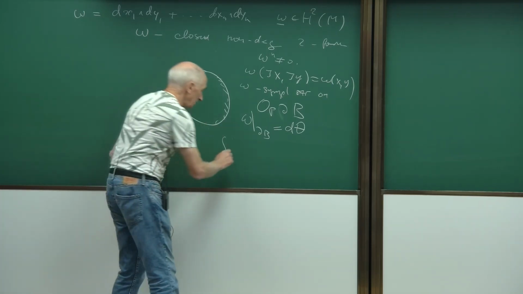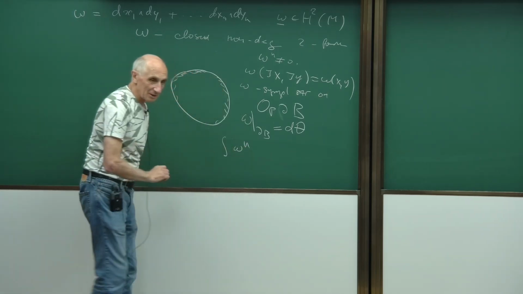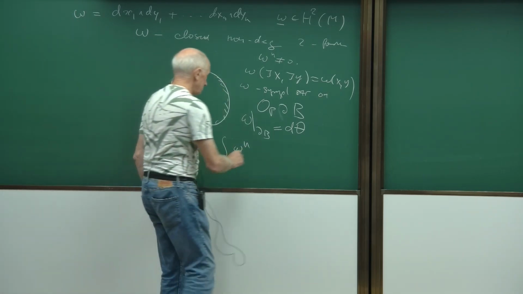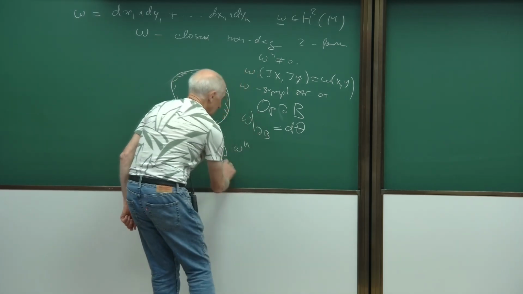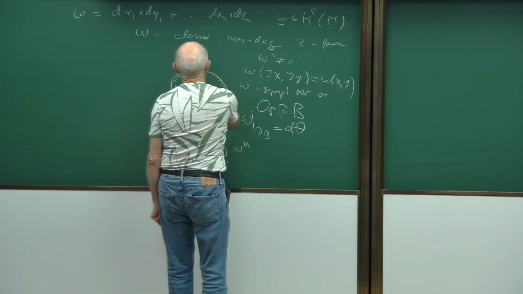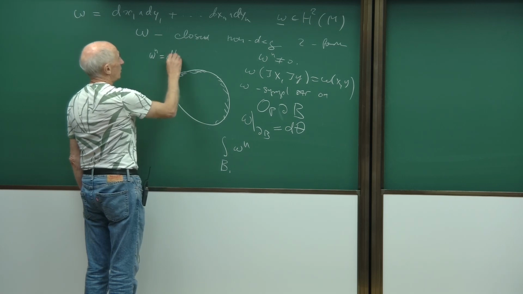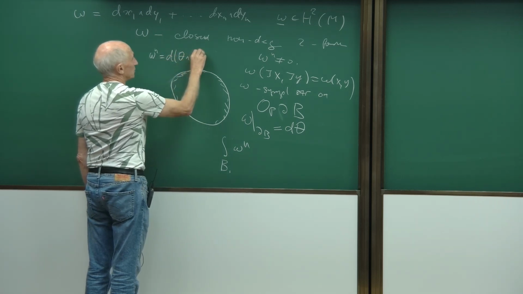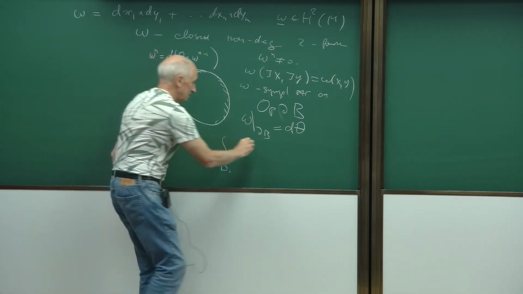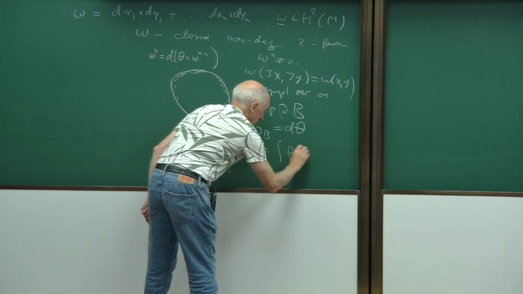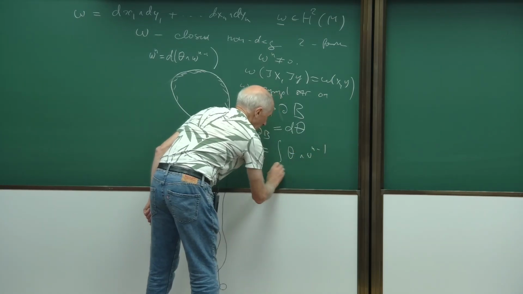Then the integral of omega to the n over the ball, where omega to the n is d of theta wedge omega to the n minus 1, is the same as the integral of theta wedge omega to the n minus 1 over the boundary.